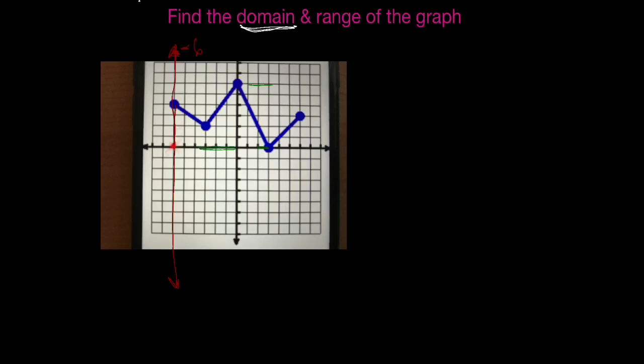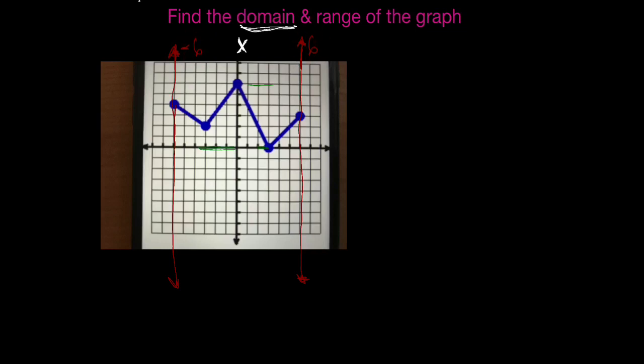That's great. Now we have to find the upper bound. If we keep moving to the right, we see that our graph comes to an end right here. This is going to be the upper bound at 1, 2, 3, 4, 5, 6. So here we have an upper bound of +6. Now our domain can be specified because the set of all x's is going to get squeezed between my lower bound of -6 and my upper bound of +6.